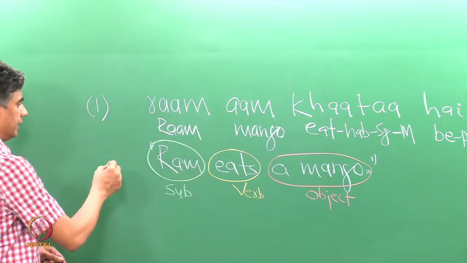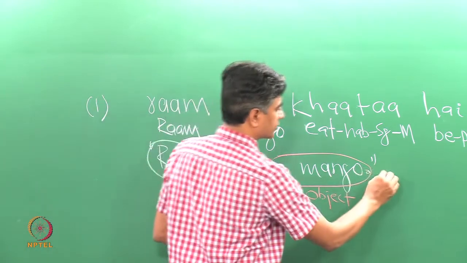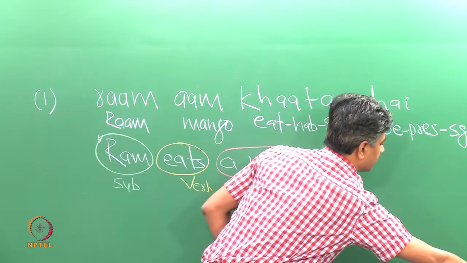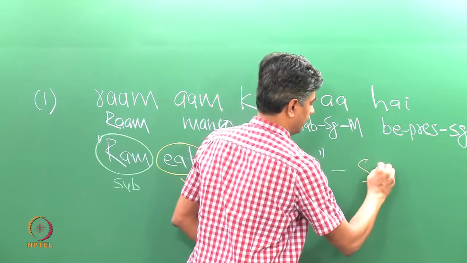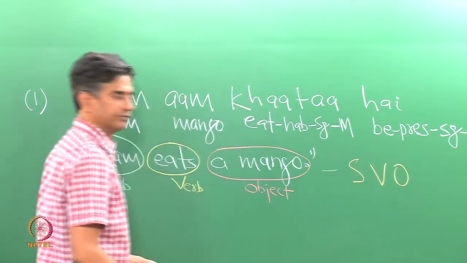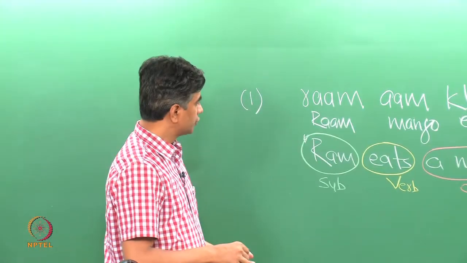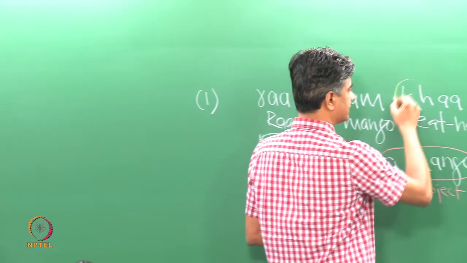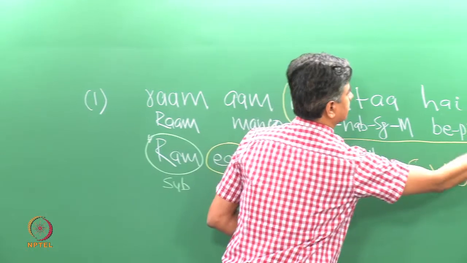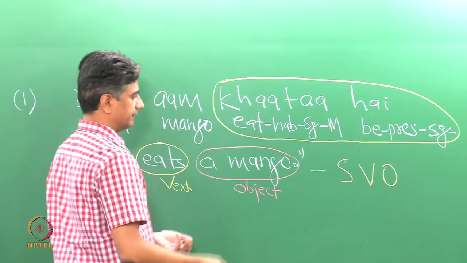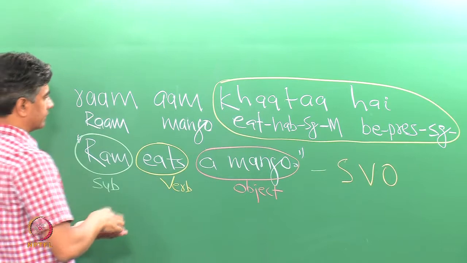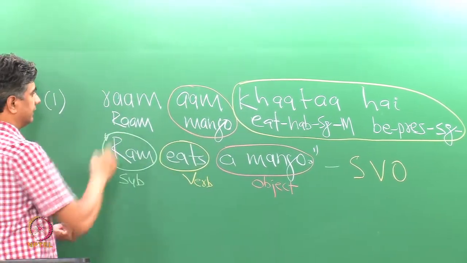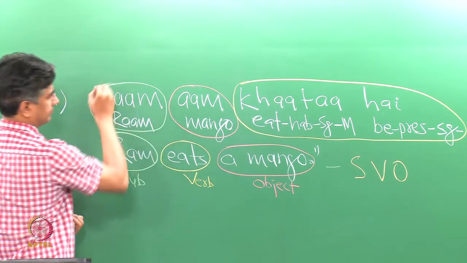This is why a language like English is called an SVO language, whereas what you see in a language like Hindi is this is the verbal complex. This one is the object, and then this is the subject.